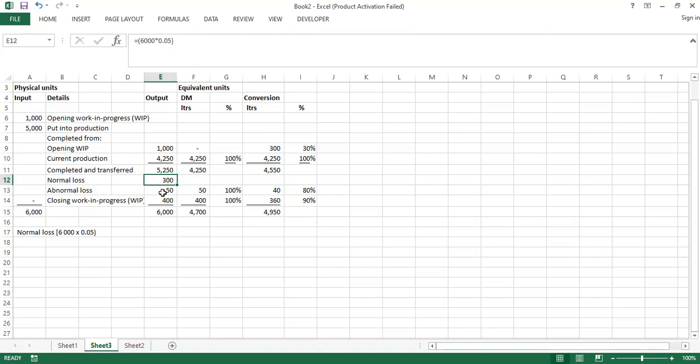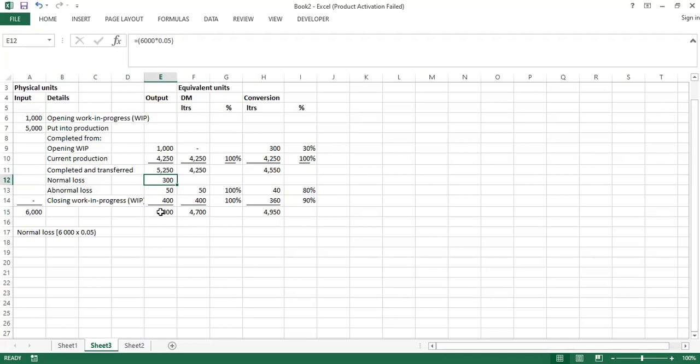We said sources of normal loss could include evaporation, spillages and what have you, the normal wastage that we encounter in any production process. At the end of the day, after we've incorporated that, this always has to add up to 6,000 because that's what we put into the production process.